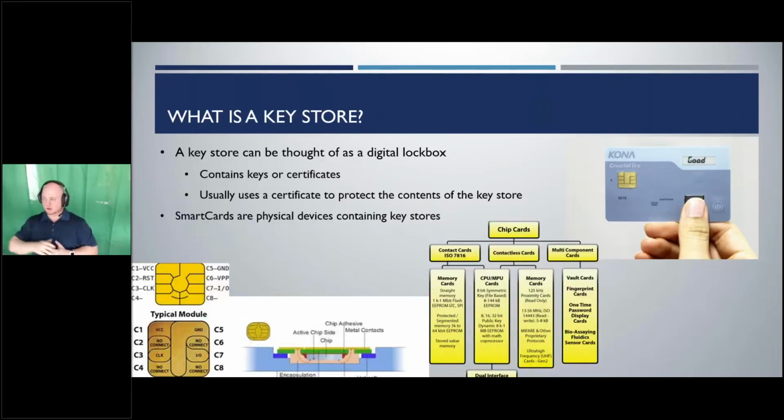The images here show the ways to interface with the integrated circuit that makes up a smart card and get at the key store. So you'll see the pinouts on there. You'll see how it's actually designed, which is kind of cool. And there's a lot of different functions and features as part of those smart cards.